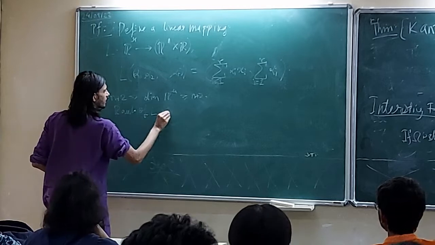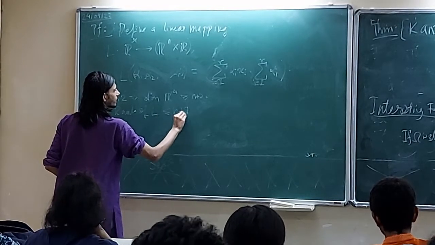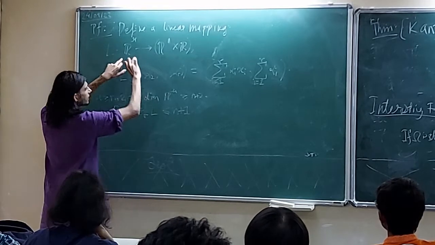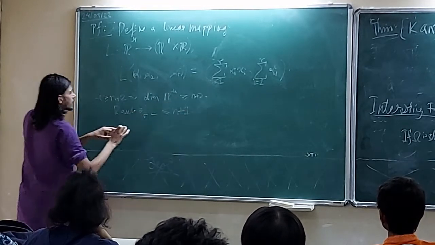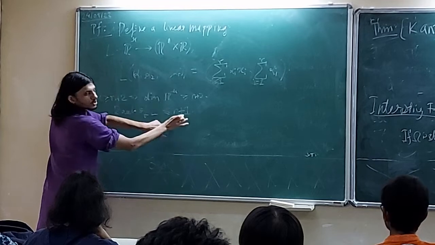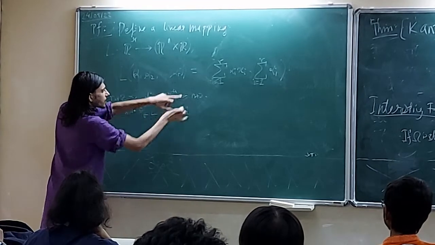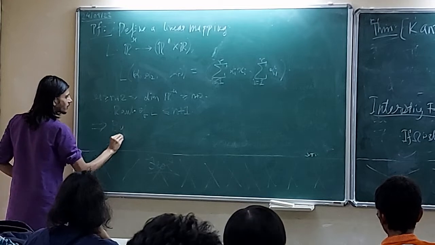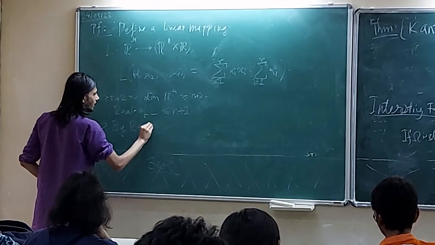So the rank of L is less than or equal to n plus 1. So the dimension of the domain is at least n plus 2, but the rank is at most n plus 1. So that means there is a gap of at least 1. So that implies, by the rank-nullity theorem, let's write it down.